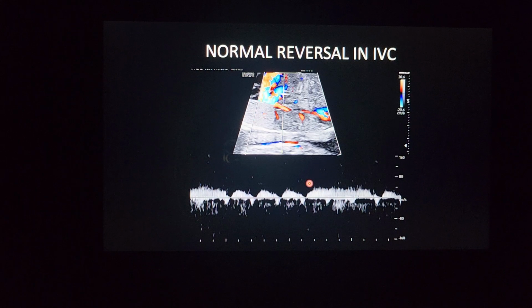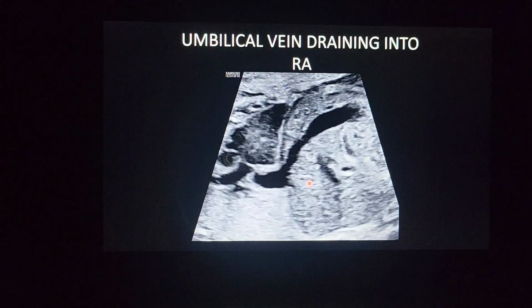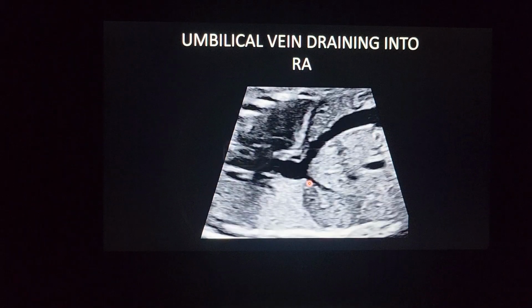Here you have the IVC flow, which is normal, and this is the 2D picture showing the umbilical vein bypassing the portal sinus, going directly into the RA. At the level of the RA, there is a ductus venosus type of flow, so it is classified as an umbilical vein systemic shunt via ductus venosus. So this is a DVSS type of shunt.